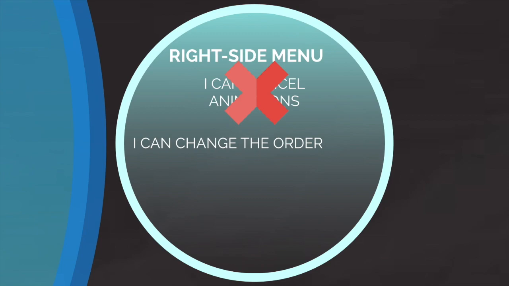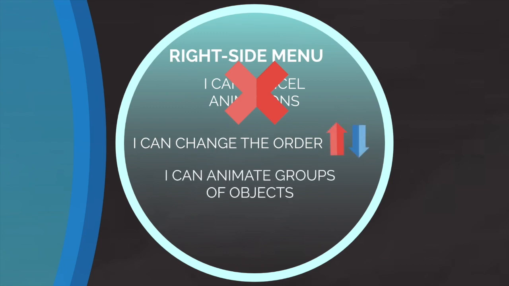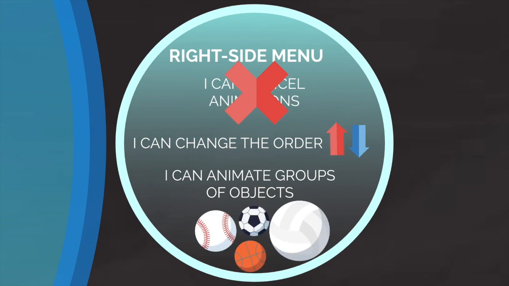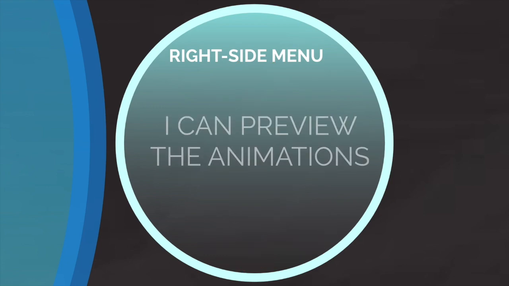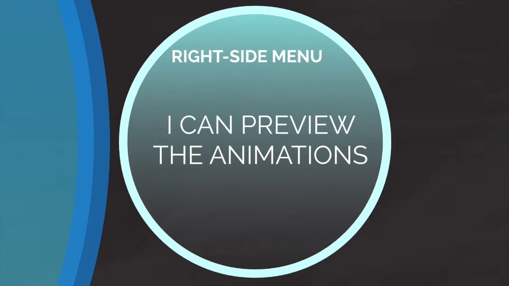I can change their order only by dragging and dropping the rectangles with the animations. And then we can animate groups of objects so that these objects can appear together at the same time or disappear, of course. And then I can also preview the animation by using the right side menu.